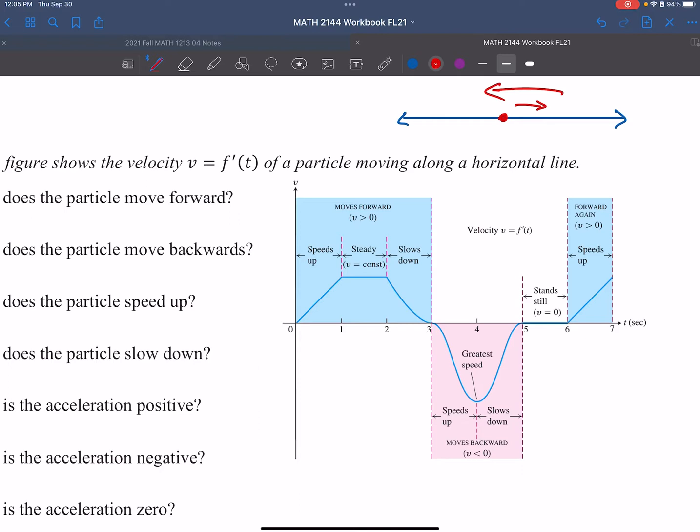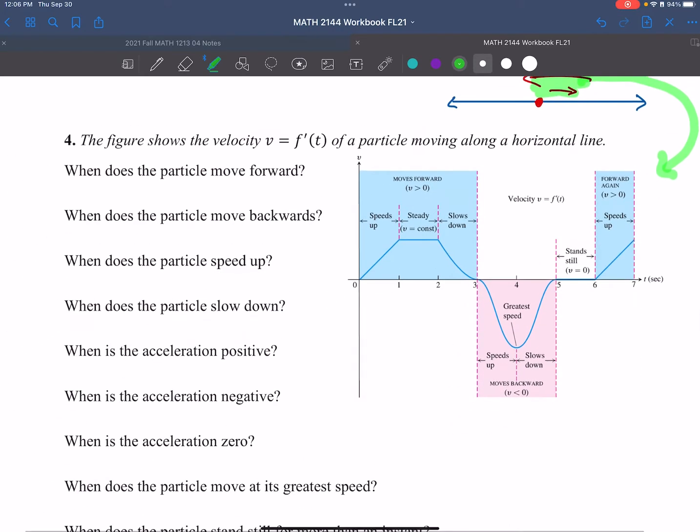And again, this is its initial position right here. And what we're going to be looking at is the velocity of this, so the actual motion of the particle. So that is what this graph is representing. The particle is just going back and forth, and then we're going to be looking at its velocity.